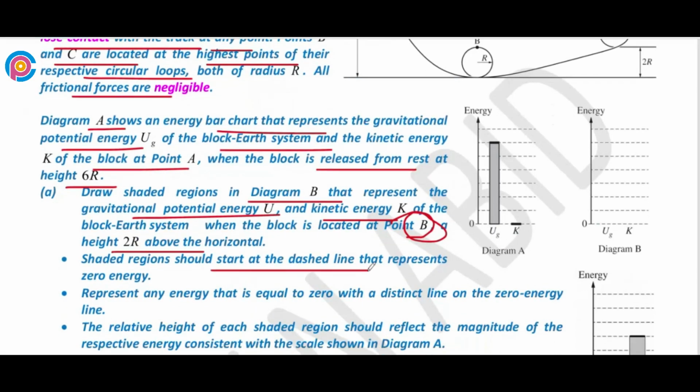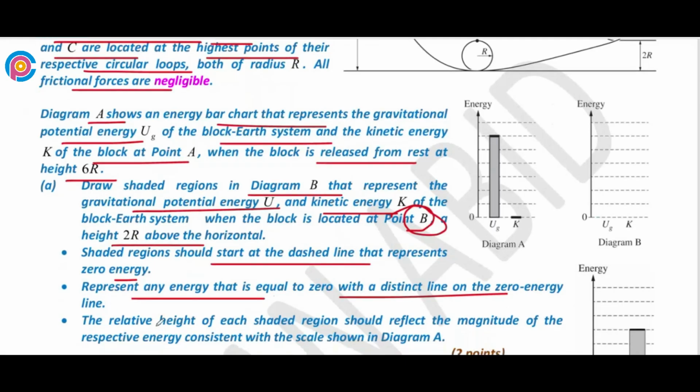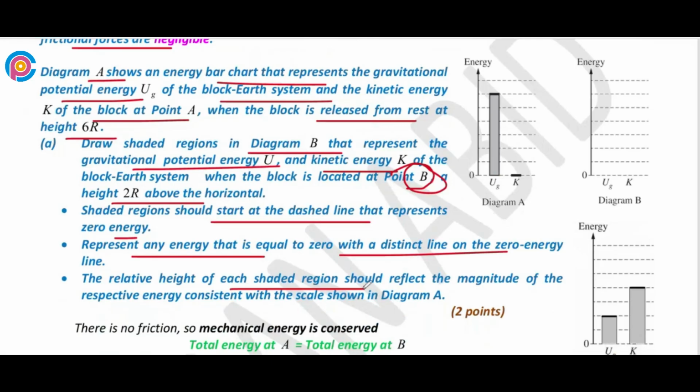Shaded regions should start at the dashed line that represents zero energy. Any energy equal to zero should be indicated with a distinct line on the zero energy line. The relative height of each shaded region should reflect the magnitude of the respective energy, consistent with the scale shown in diagram A.